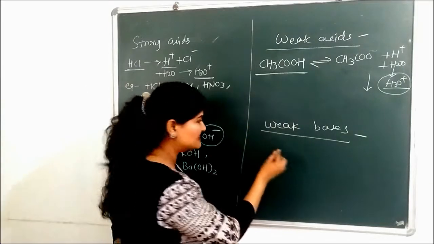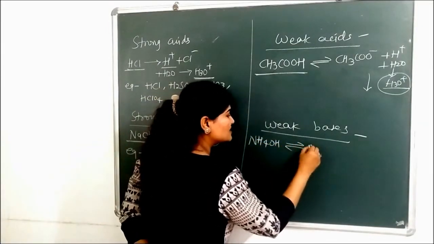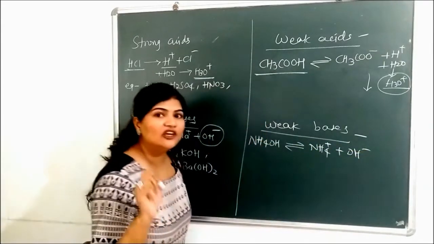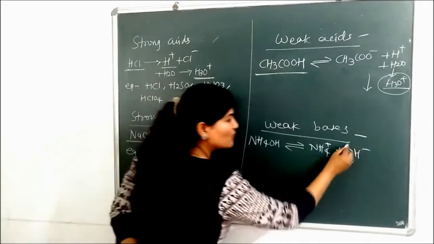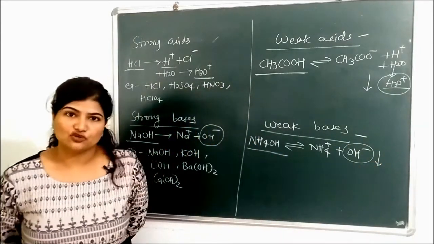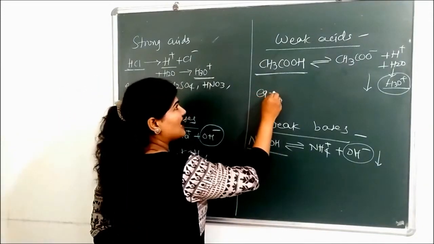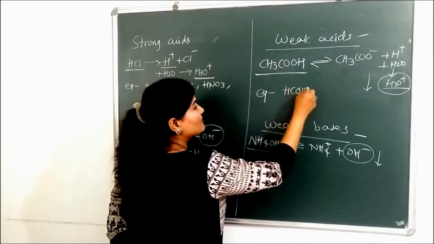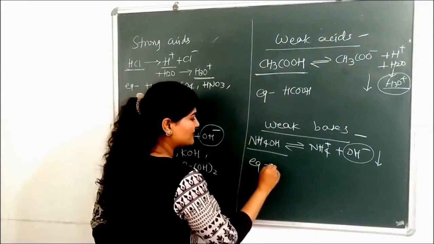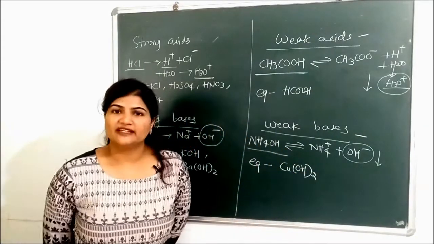Similarly, for weak bases, we'll take the example of ammonium hydroxide. It will dissociate to form NH4 plus and OH minus, and here also the concentration of OH minus ions will always be less compared to the initial concentration of ammonium hydroxide dissolved. Some other examples of weak acids include formic acid, acetic acid, etc. For weak bases, examples are copper hydroxide, ammonium hydroxide, etc.